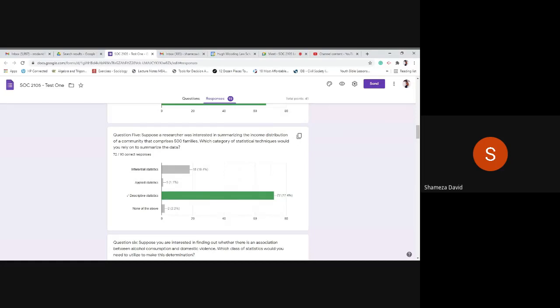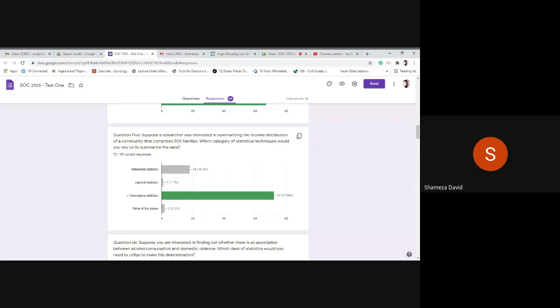Question 5 asks you, for instance, suppose a researcher was interested in summarizing the income distribution of a community that comprises 500 families. Which category of statistical techniques would you rely on to summarize the data?